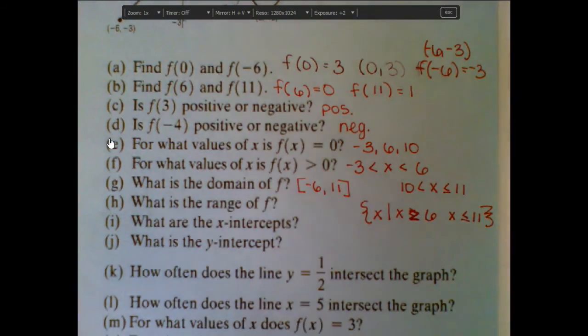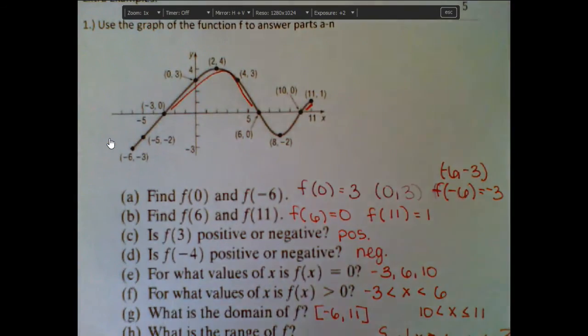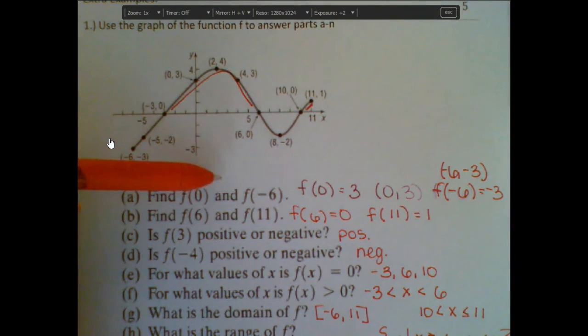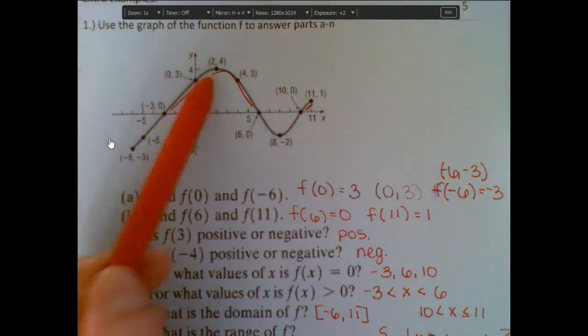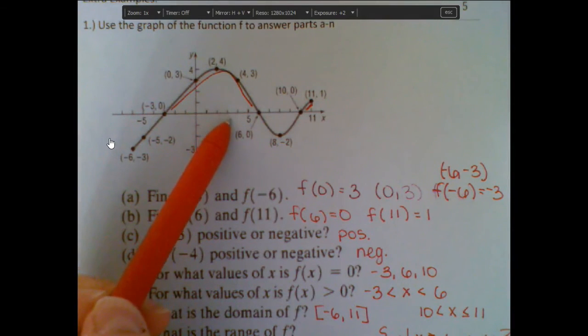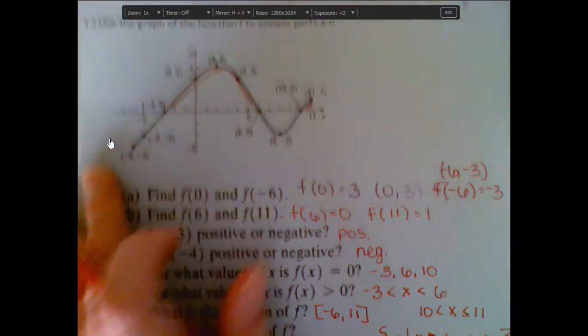Your range, now we're talking about those y values, your range. So I would say my highest y value is 4, my lowest y value, negative 3. Okay, and if I'm thinking about it, all of my y's are either less than 4 or greater than negative 3.